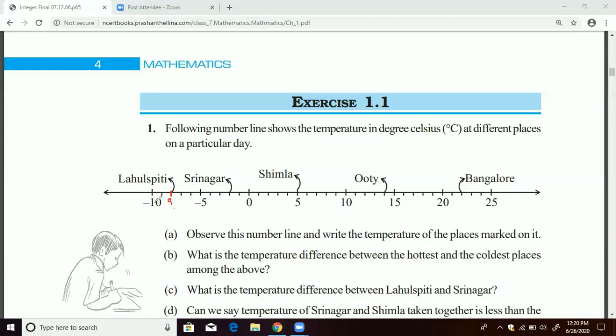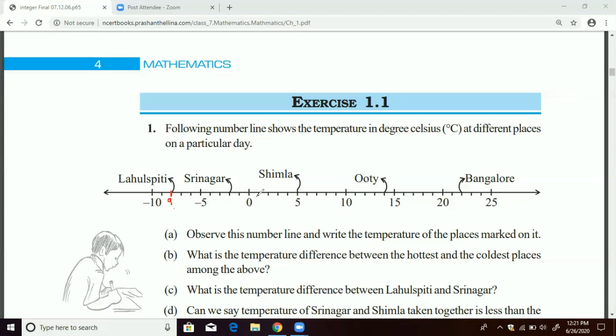Okay. From this figure, it is clear that this is -10 and this is -5. So the value between -10 and -5 is the temperature at Lahaul Spiti. To find the exact value, we must know what is the value of each small partition. Let's look at any value near 0.